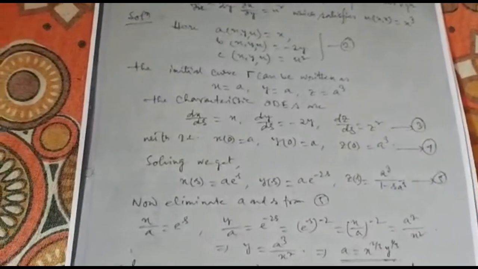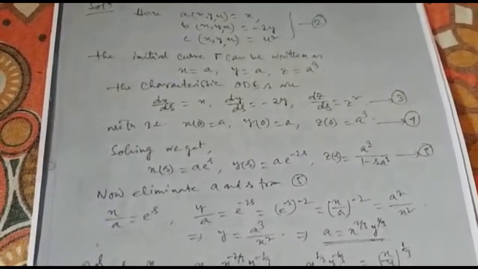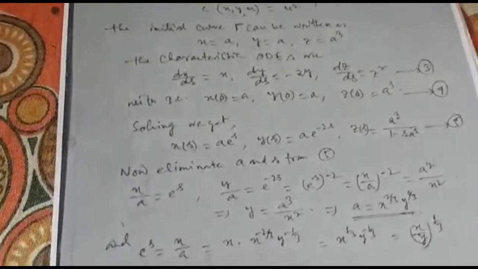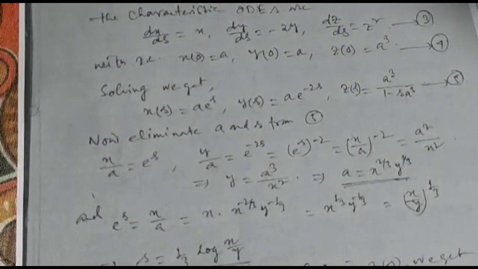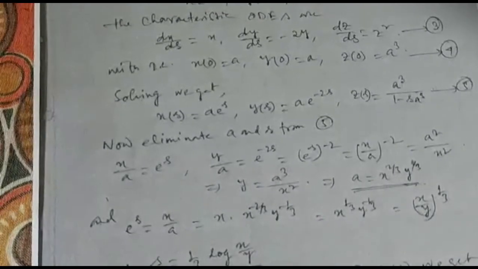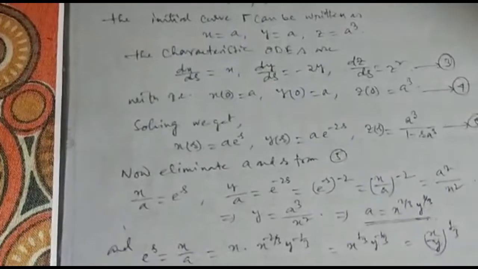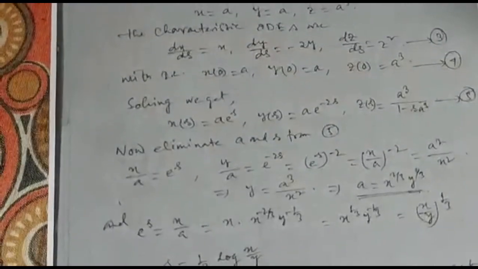Now we shall eliminate a and s from equation 5. So from the first quantity we get x/a = e^s, and from the second we get y/a = e^(-2s), and simplifying we get y/a = (x/a)^(-2), that is a²/x², and simplifying we get a = x^(2/3) y^(1/3).